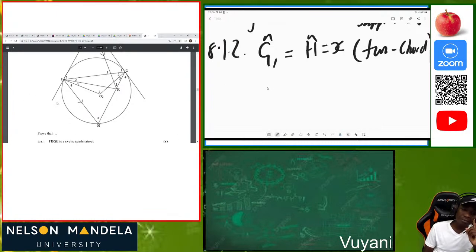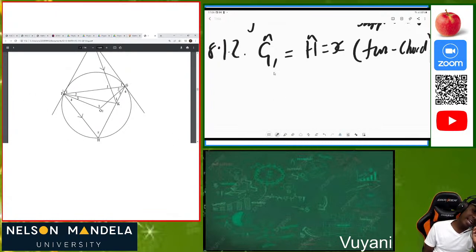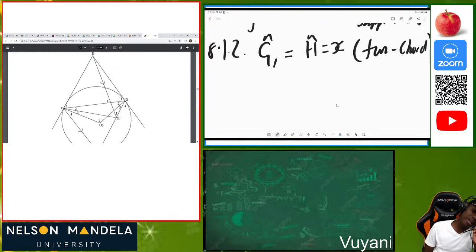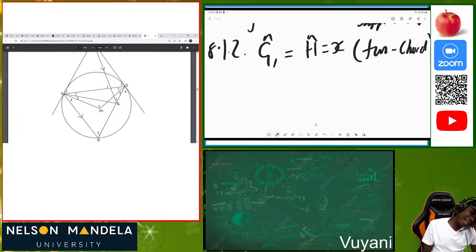So now, these two parallel lines, FH and EK. What do we know about parallel lines? We know that parallel lines have corresponding angles, alternating angles, and co-interior angles. So now let's check. Do we see that angle H is equal to angle K? Because they are corresponding angles.